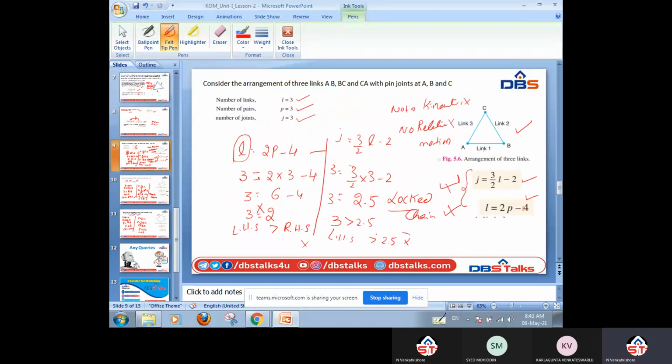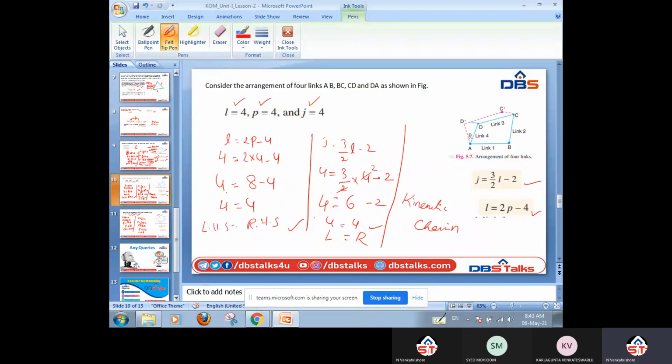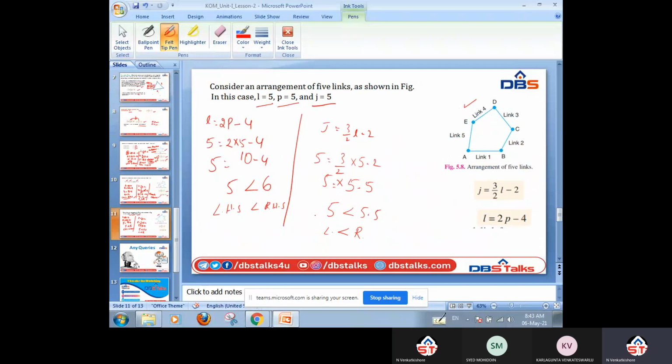LHS is greater than RHS. That is called a locked chain. Whenever these two are equal, LHS is equal to RHS, it is called a kinematic chain. And the last thing is, whenever the LHS is less than RHS, the chain is called an unconstrained chain.